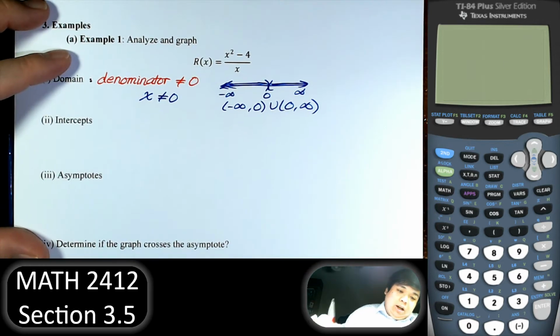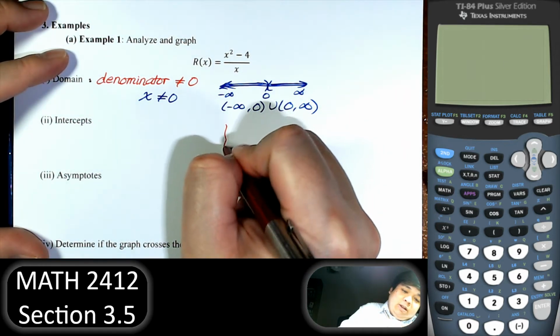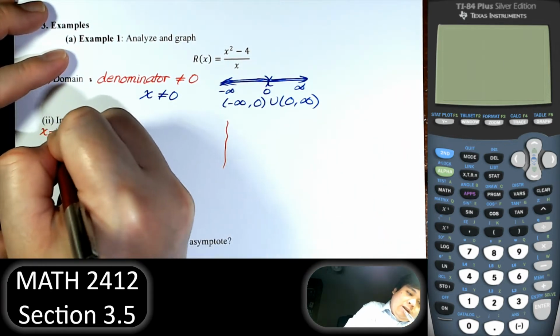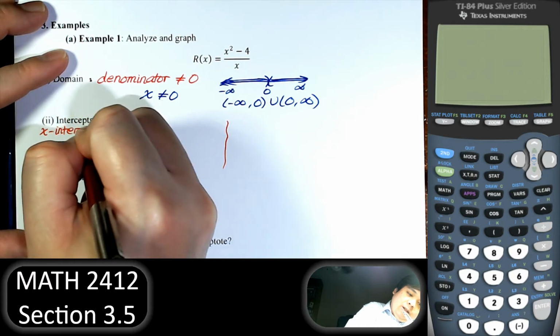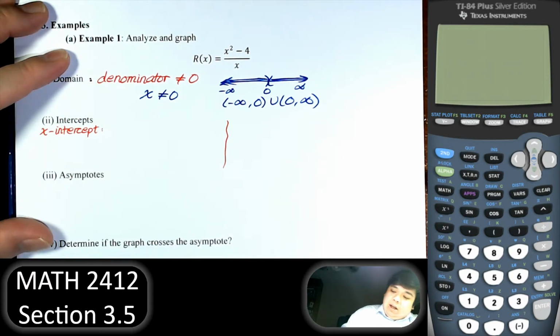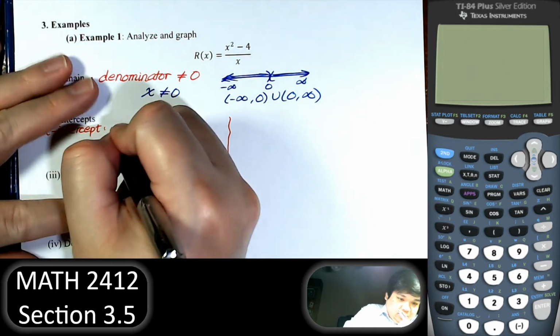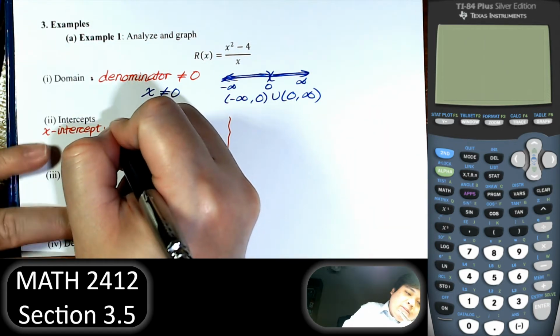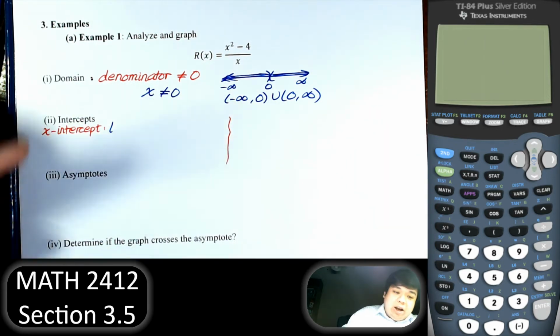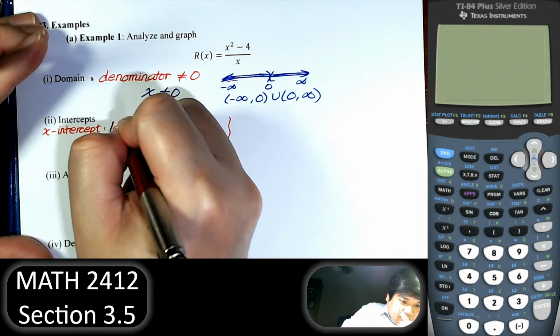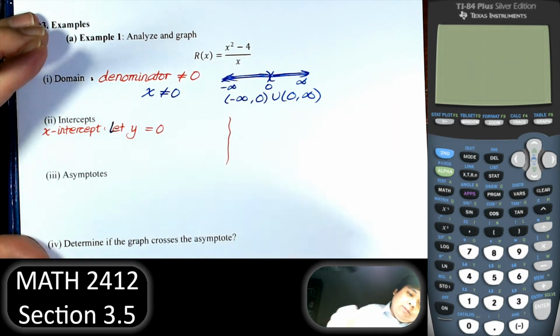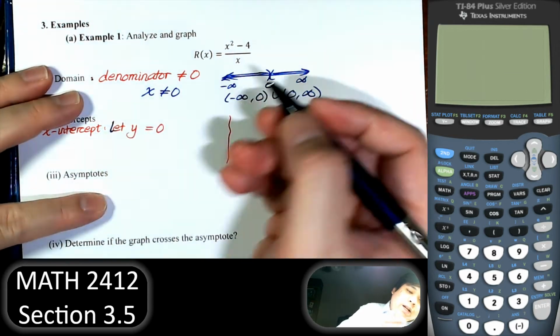Intercepts: there will be an x-intercept and a y-intercept. X-intercept: let y equal to 0 and solve for x.